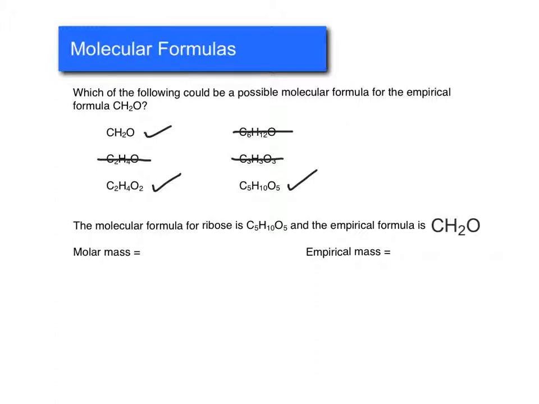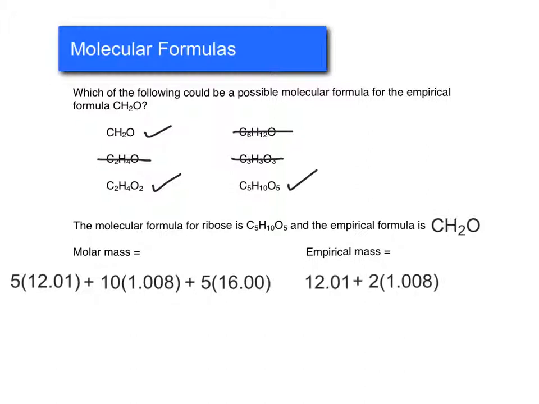All right, and our molar mass, we've calculated these a little bit in class, but we get that by doing 5 times the mass of carbon plus 10 times the mass of hydrogen plus 5 times the mass of oxygen. All right, and for our empirical mass, we would get that by doing carbon plus 2 times the mass of hydrogen plus the mass of oxygen.